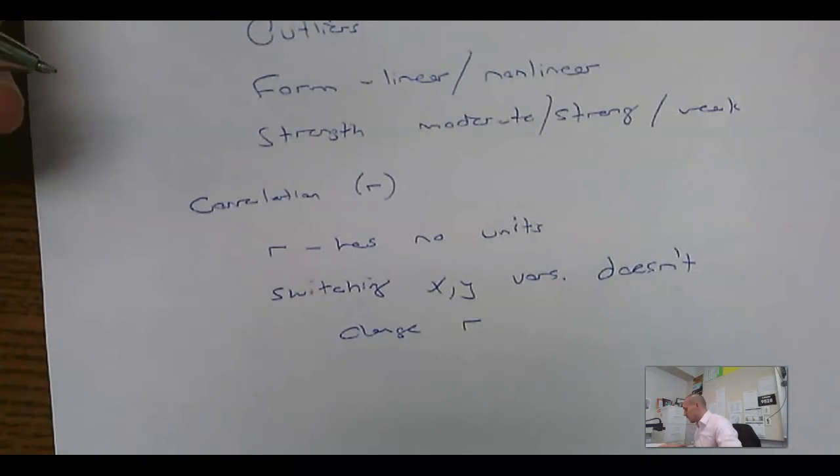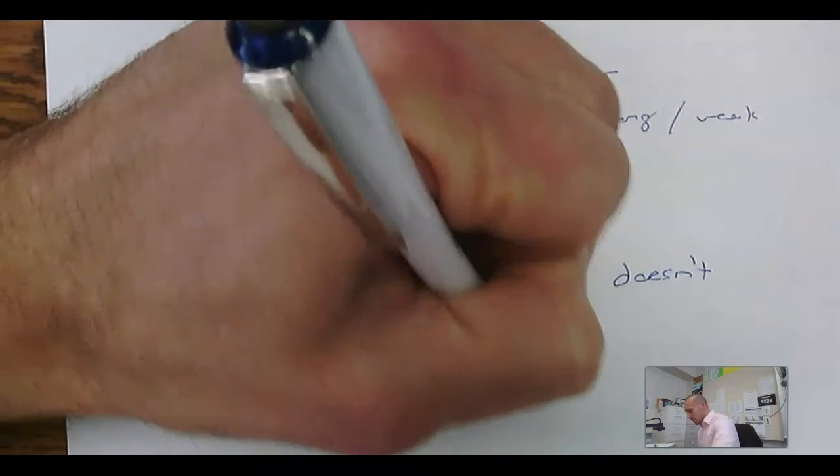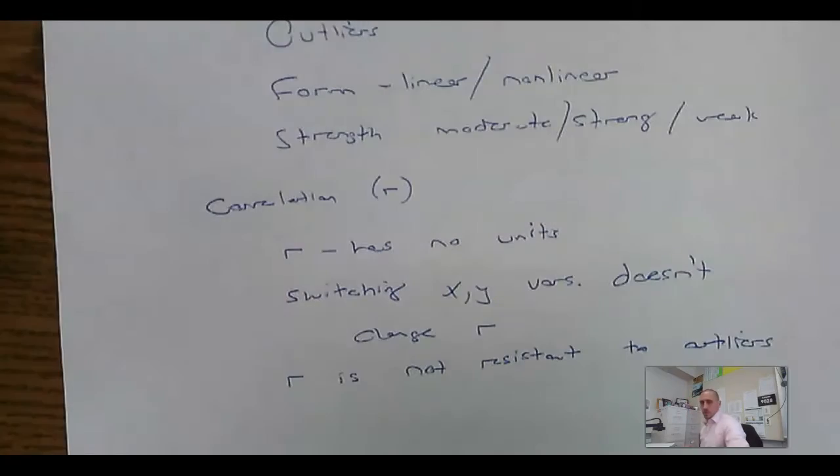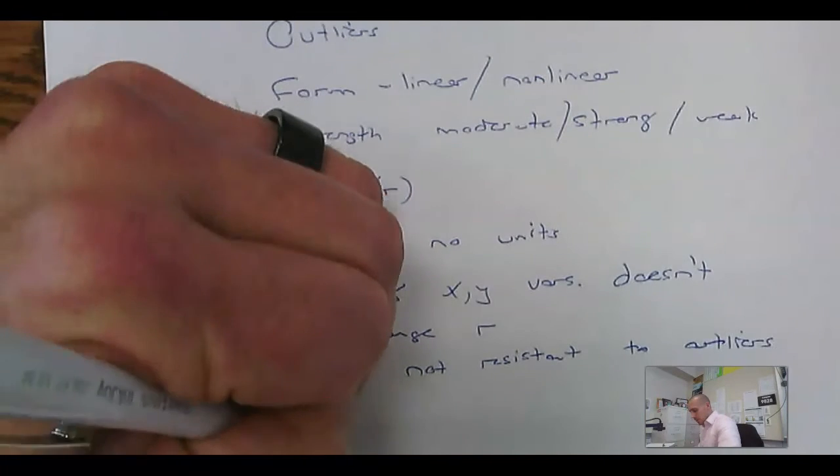We talked about that. Correlation is not resistant to outliers. Like mean and standard deviation, it is not resistant to outliers. And the very, very important one is this.